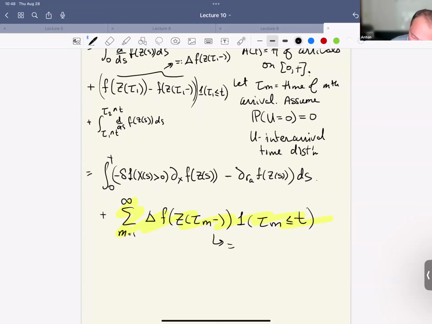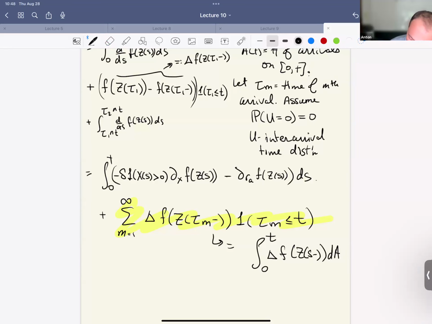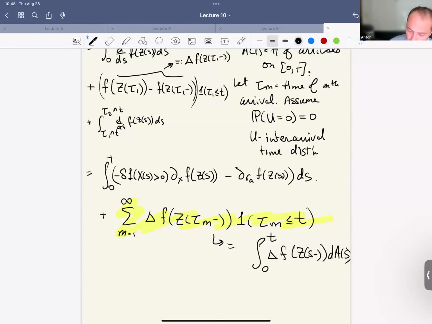So I'm just going to write this simpler. This is going to be the integral from 0 to t, delta f of z of t minus, s minus, dA of s.